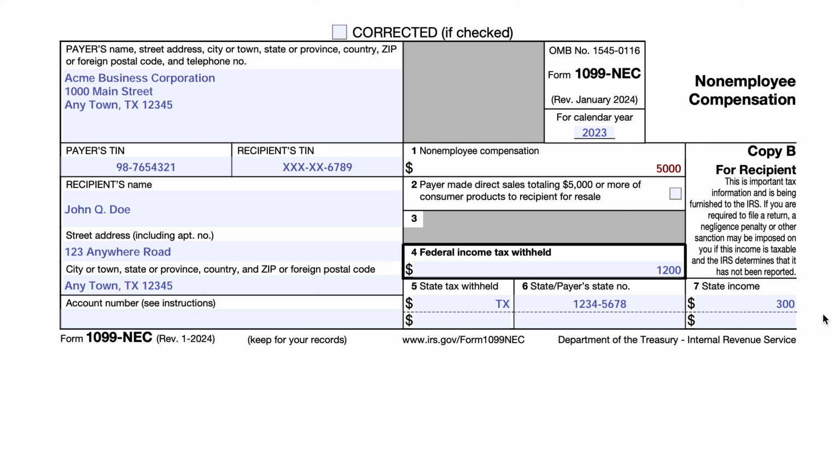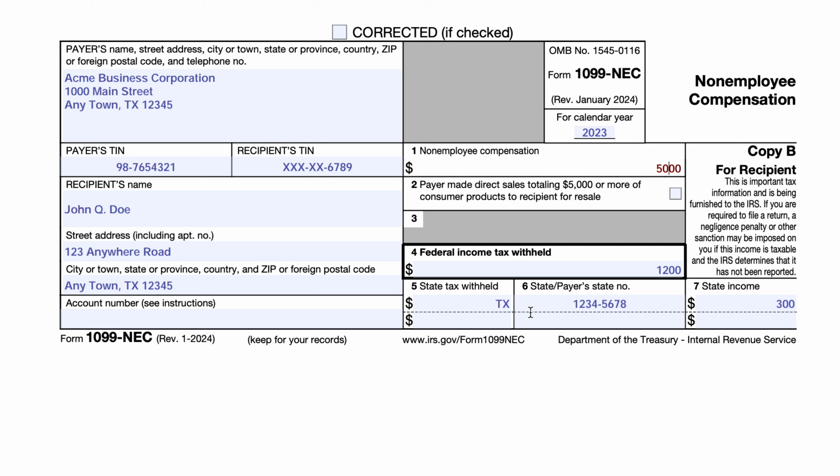Boxes 5 through 7 are the areas for state income tax information. I use this example with the state of Texas, which is one of the states that does not have an income tax. However, this could be any state that does have one.